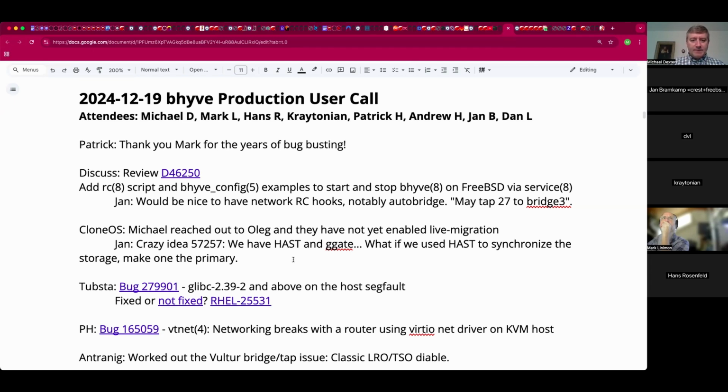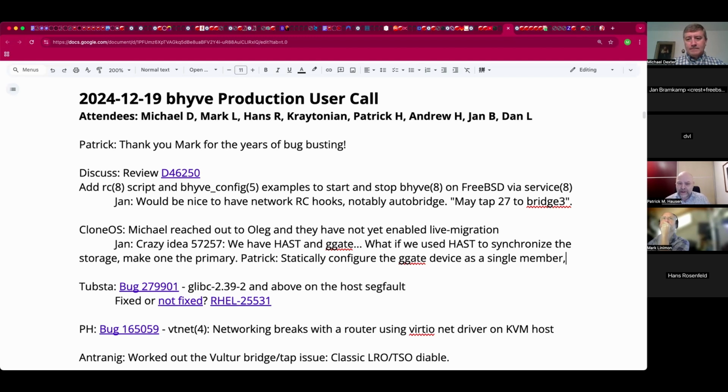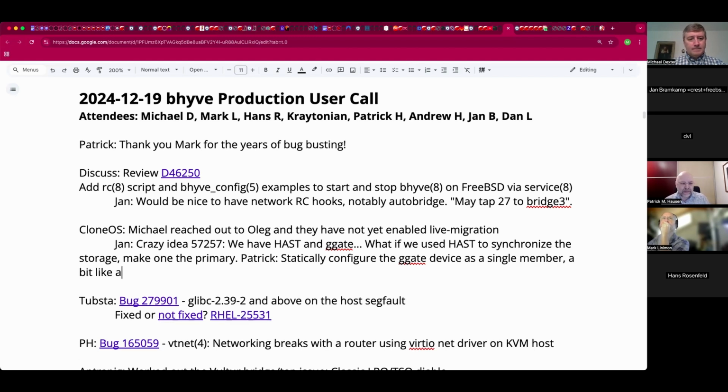Go ahead, Patrick. I get what you're hinting at, and I really like the idea. I guess you could just statically configure a GEOM gate device as the backend for the virtual disk with just a single component present, like you use, for example, a lag interface with just a single member to abstract the network device name away in OPNsense high availability configurations or something.